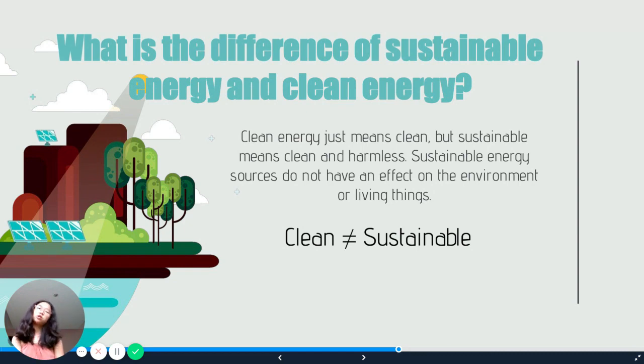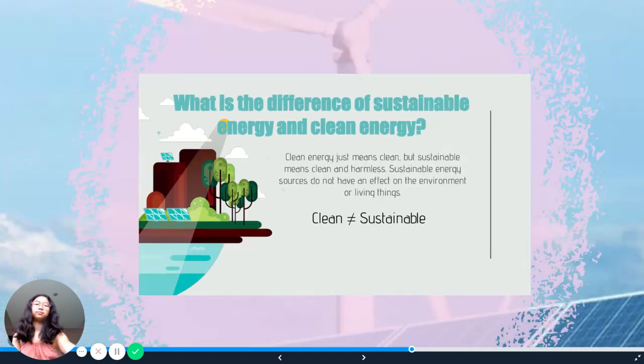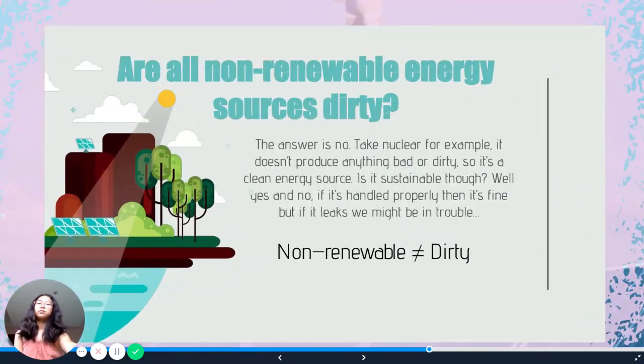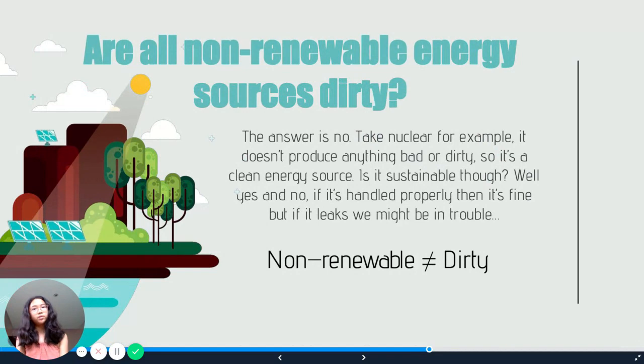For example, hydropower is a renewable source, and it is clean, but it's not exactly sustainable because when they build dams to produce hydropower, it blocks fish migration so the fish or any kind of marine life can't swim upstream. And that is not exactly the best thing to do.